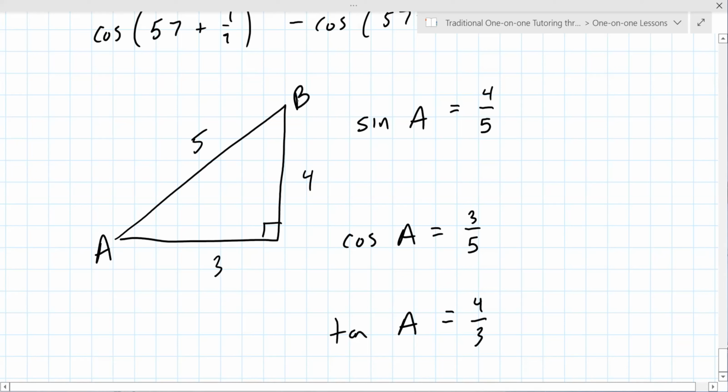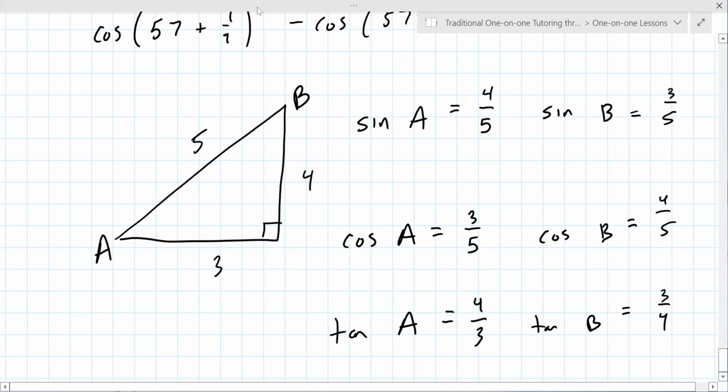Now I'm going to label this angle B, and I want you to tell me the sine of B, the cosine of B, and the tangent of B. The sine of B would be 3/5. The cosine would be 4/5, and then the tangent would be 3/4.